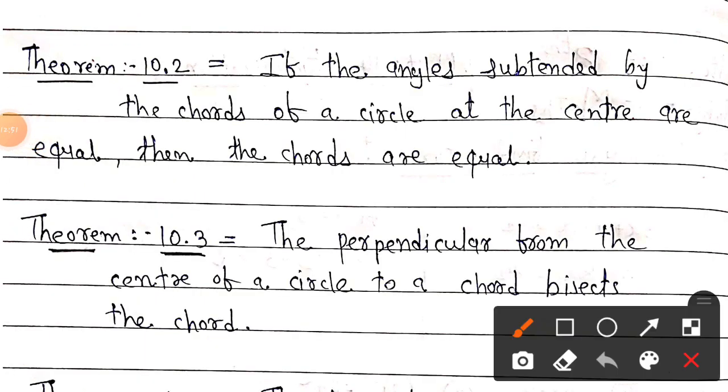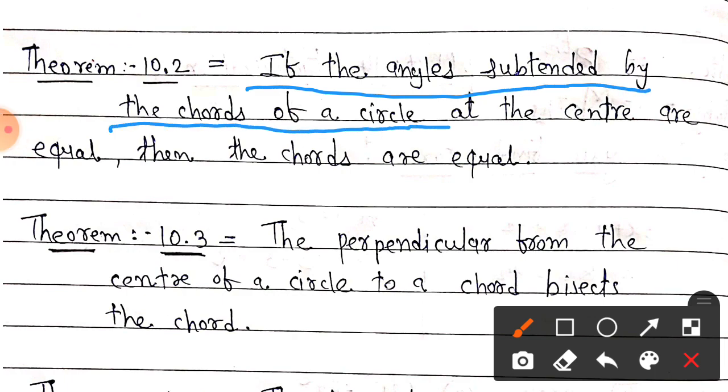Theorem number 10.2 says that if the angles subtended by the chords of a circle at the center are equal, then the chords are equal. It is known as the converse of theorem number 10.1.